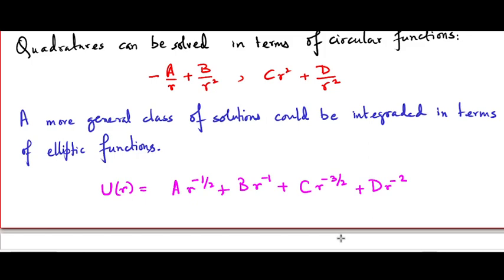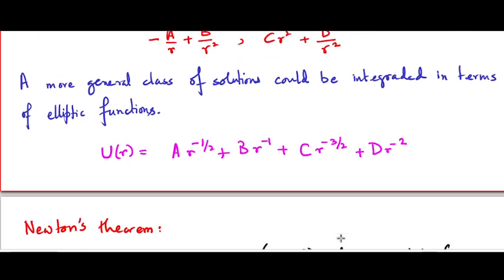It turns out that there is a theorem called Newton's theorem, which essentially says that if you could solve for the motion for a given potential, you could always find from that a solution for this potential plus a 1 by r square term. Let us now try to prove this result.